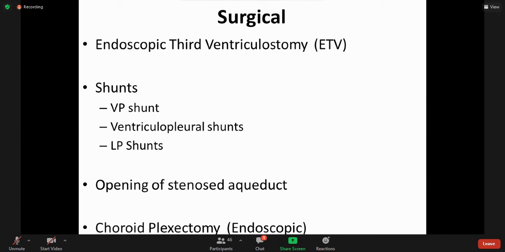So there are 3 to 4 procedures. First, we have endoscopic third ventriculostomy. We can put shunts within the ventricular systems like ventriculoperitoneal, ventriculopleural, ventriculoatrial, and LP shunts.